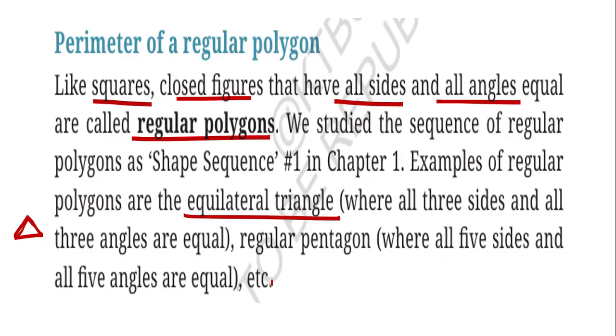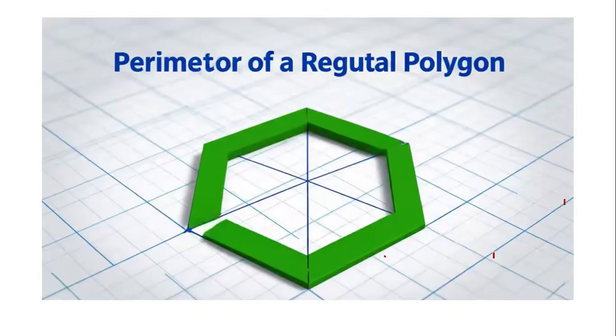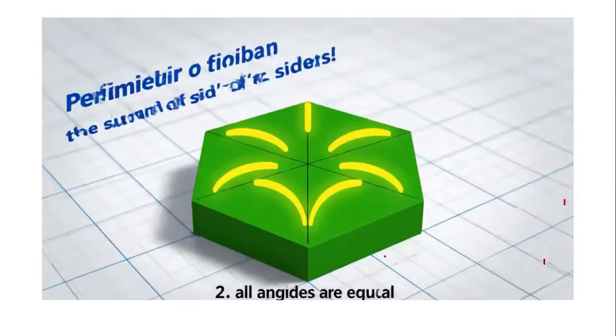In a regular hexagon, all sides and all six angles are equal. These are examples of regular polygons.